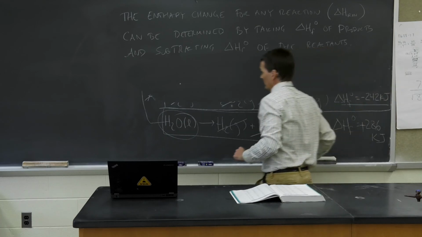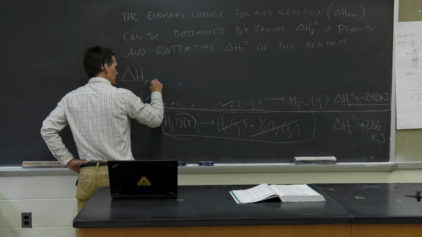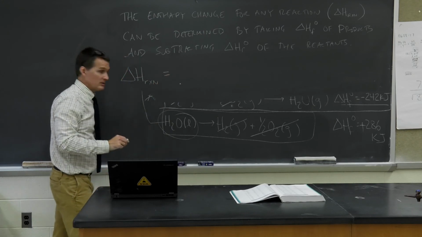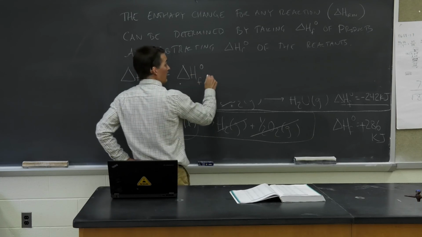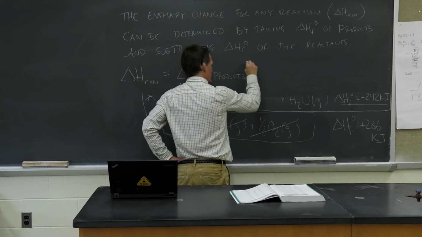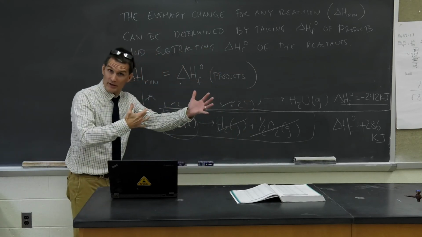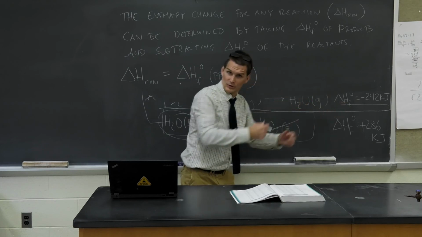And so this can actually be written in the following way. The enthalpy change of a reaction is equal to the enthalpy of formation of the products. You just leave those the way they are because those equations are written with the products where they are.